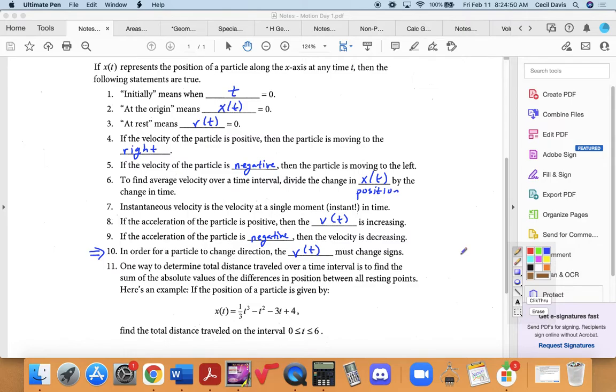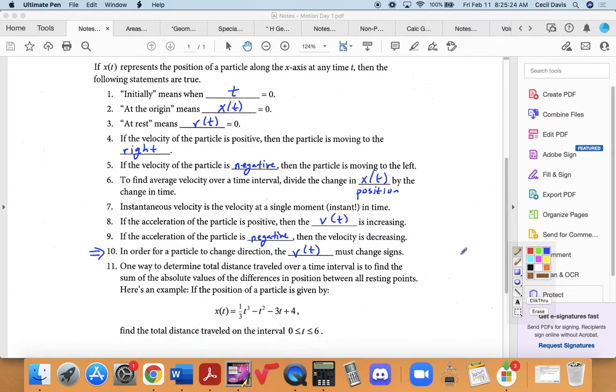If the acceleration changes sign, then eventually at some point the velocity is going to have to change sign as well. Unless you have positive acceleration with a very negative velocity, you move a little bit and then the acceleration goes back. So it's not really worth making the claim.